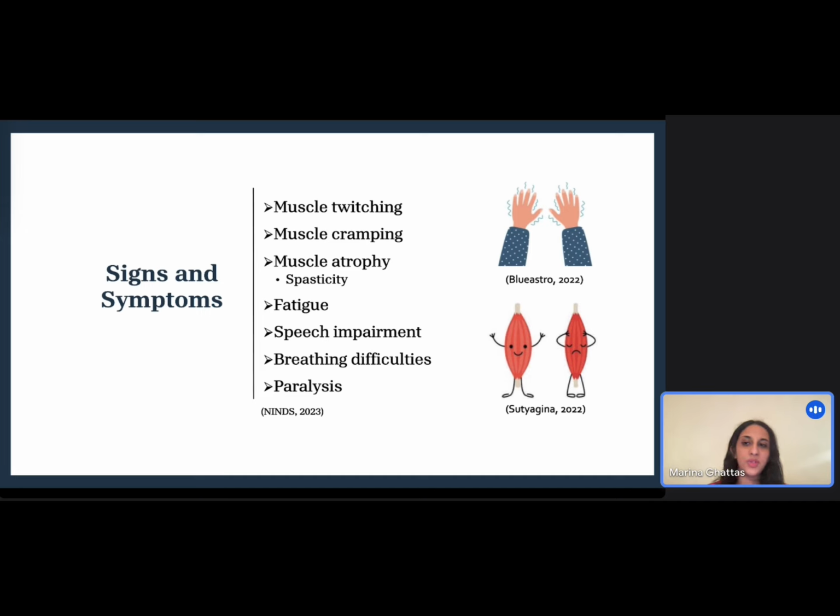The next symptom is fatigue, which is usually persistent in patients with ALS. Also, speech impairment. And later, as ALS progresses towards the later stages, patients report having breathing difficulties known as dyspnea and also paralysis.